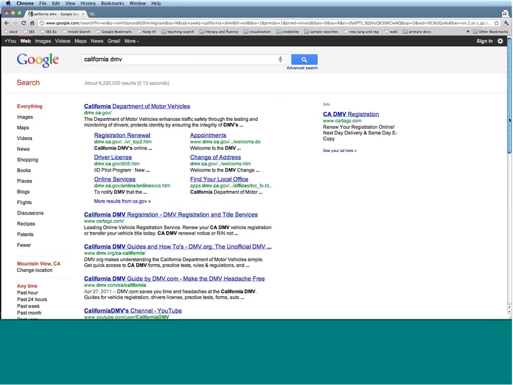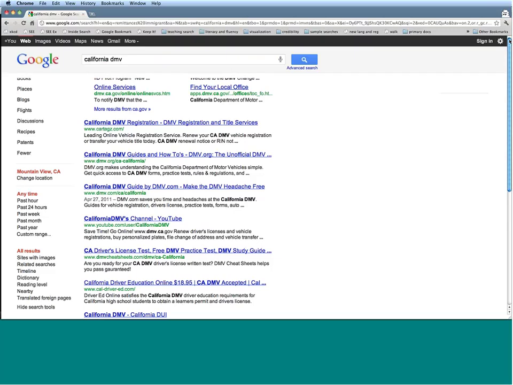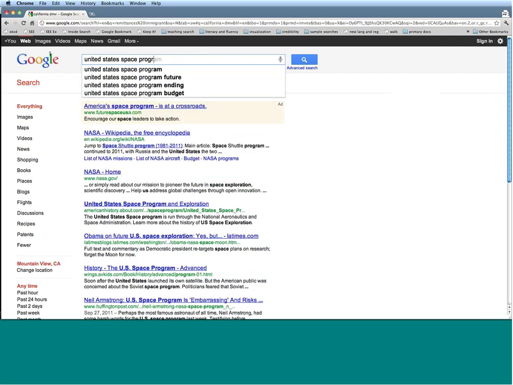So I can use these time filters on the left-hand side to help look at information that was created in a certain period of time. I'm going to show you one more, my other absolute favorite filter on the left-hand side. Let's say I want to know about the United States space program.